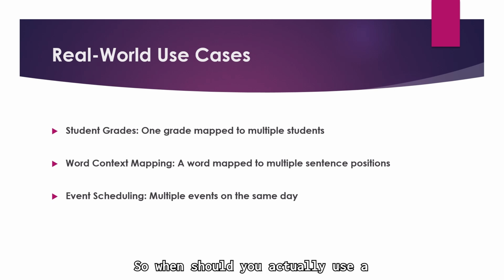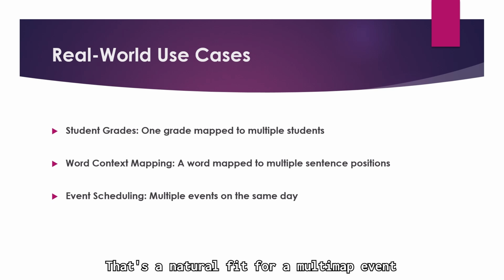So when should you actually use a multimap in your applications? Here are a few real-world scenarios. Student grades. A student might have multiple scores over time. You want to group them by name but keep all scores. Word context mapping. Suppose you are building a text analyzer tool and you want to map each word to all the positions it appears in a document.